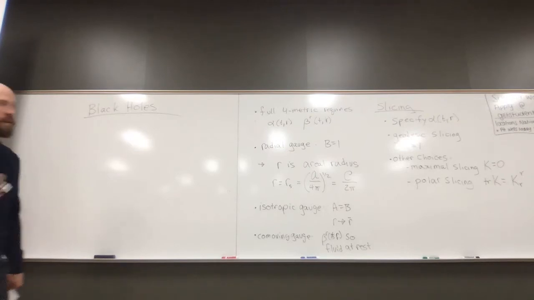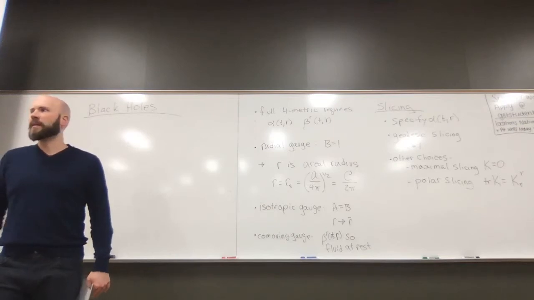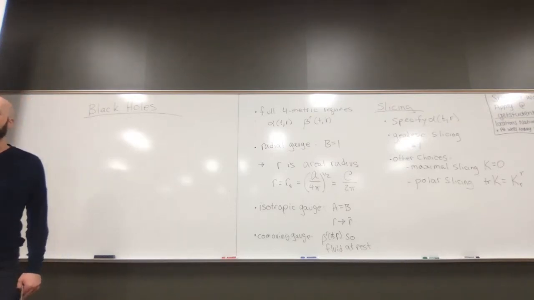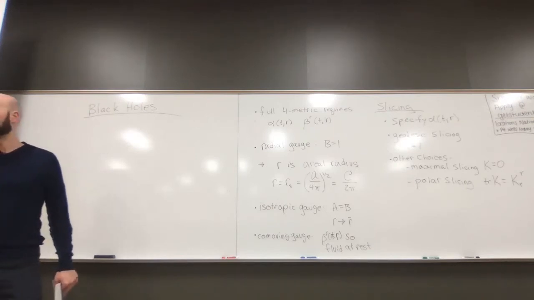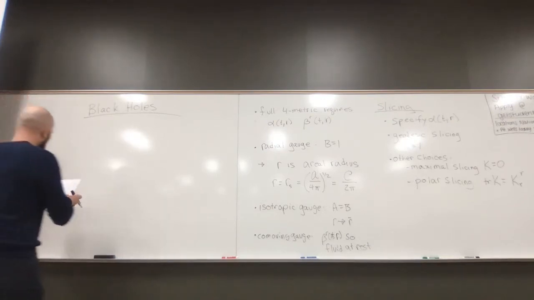There's different ways of doing that, which chapter 8 doesn't talk about. Maybe we'll get to them later, but at the rate we're going, I think I'm going to spend most of the time talking about neutron stars, so we probably won't talk about them. But there's things like puncture method and excision methods, where you deal with the singularity in one hacky way or another to get rid of it from the numerical calculation.